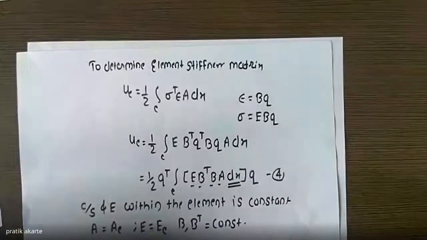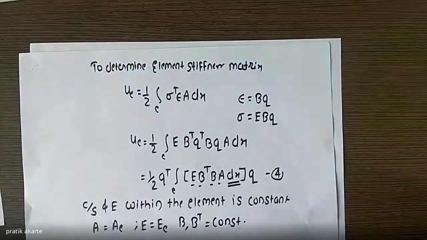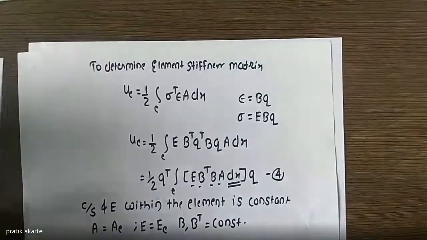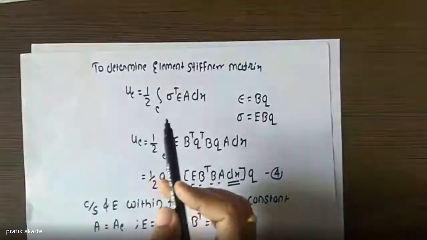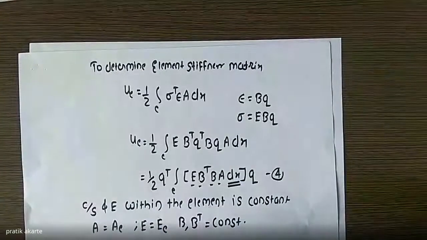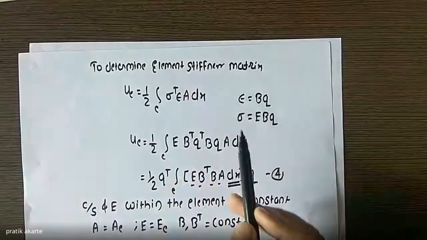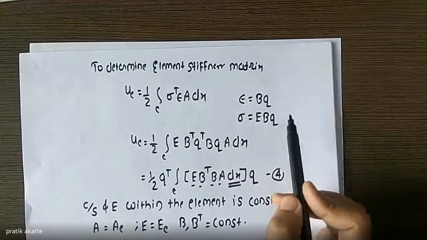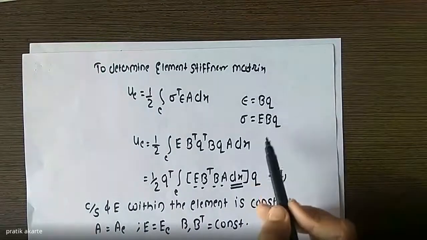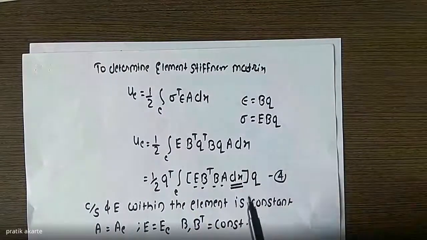Now to determine the element stiffness matrix, we have considered that the potential energy, which is the strain energy, is half of this term, and based on the stress-strain and strain-displacement relationships, rearranging the equation, we got this equation number 4.